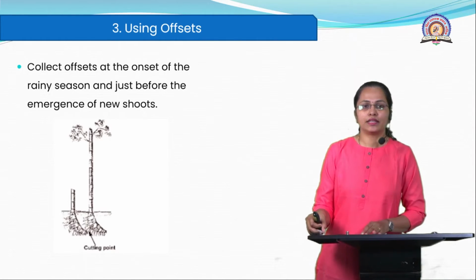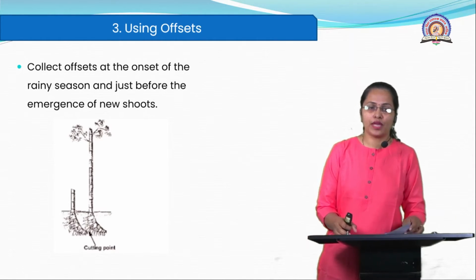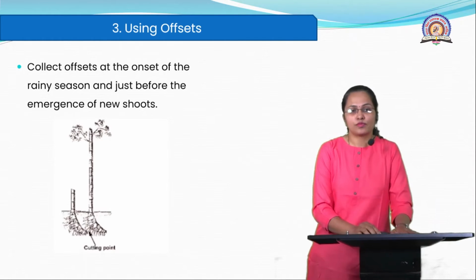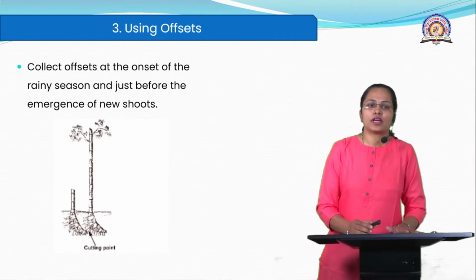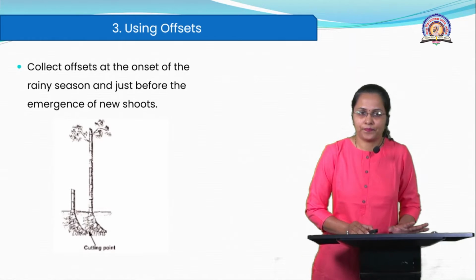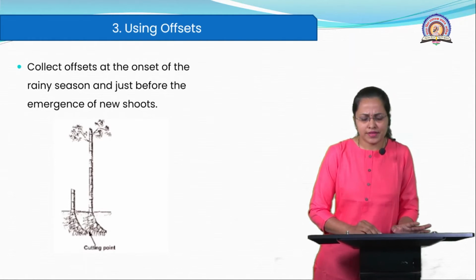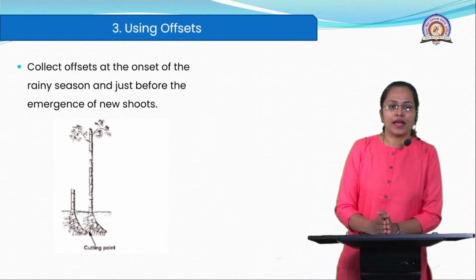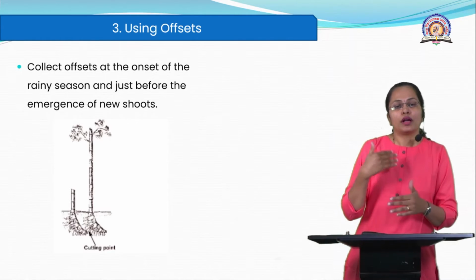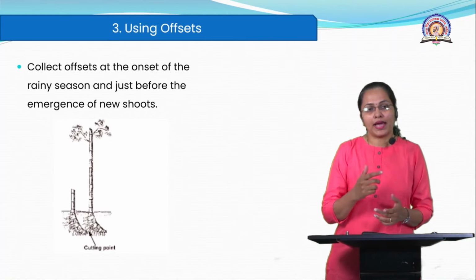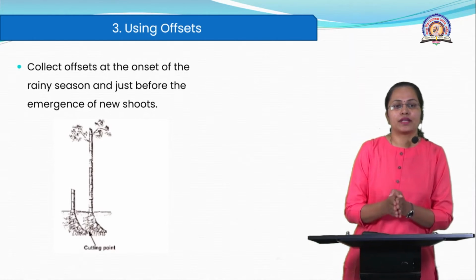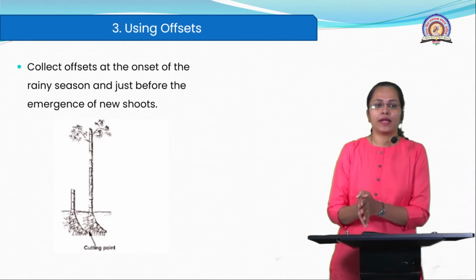Offsets are reproductive structures which are small in size and completely resemble the mother plant. An exact copy of the mother plant, having the ability to regrow into a whole plant, but still attached to the mother plant.